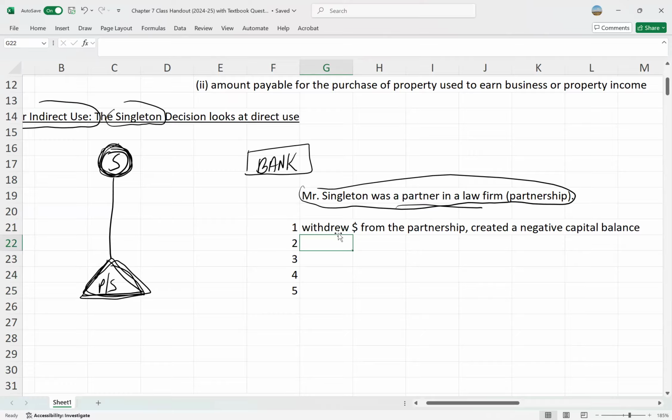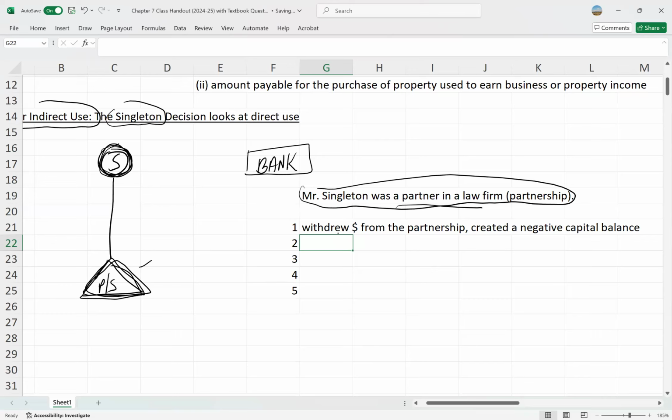In your accounting classes, when a partnership is formed, the partners will contribute money to the partnership. So when the partnership was formed, Mr. Singleton likely contributed money into the partnership, and all the contributions are tracked in their capital account. When money is taken out, that will reduce the balance in the capital account.